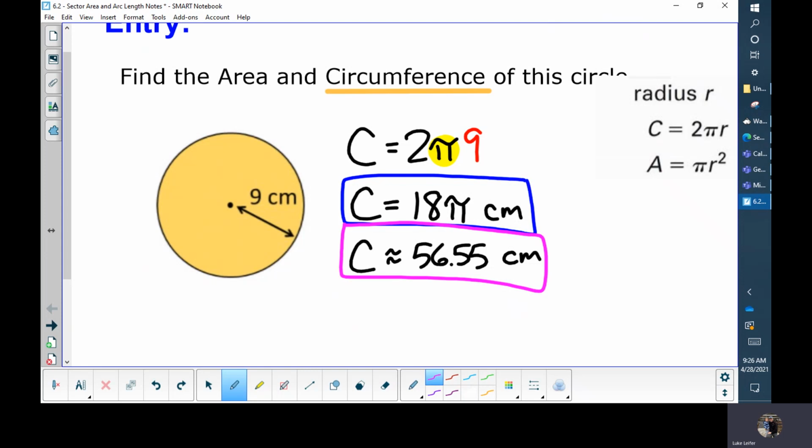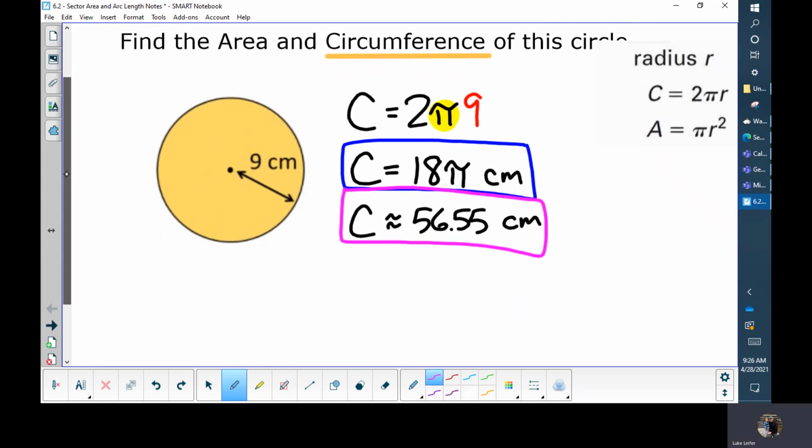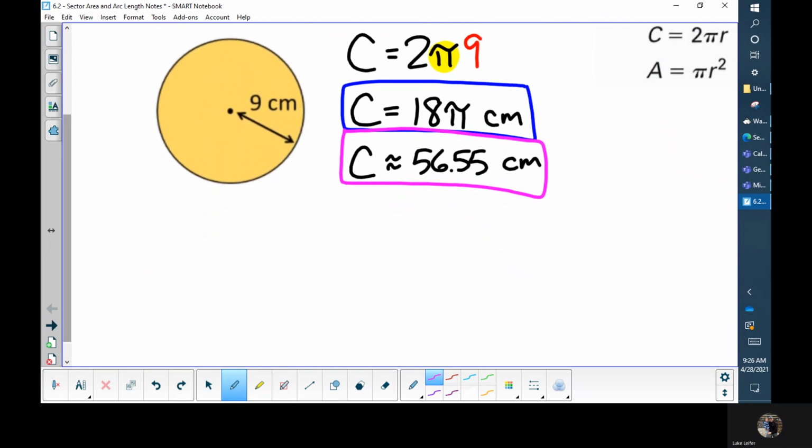Now let's do area. Same process. Area equals pi times 9 squared. What is 9 squared? What's 9 times 9? 81.